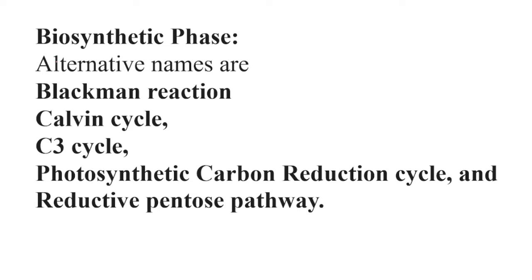These reactions were discovered by Blackman, but finally it was made into a cyclic form, and with the help of radioisotopes it was discovered, and a final diagram was made by Melvin Calvin, and hence the cycle is named with his name's title.